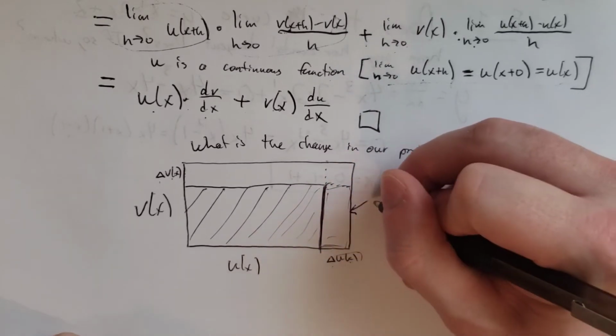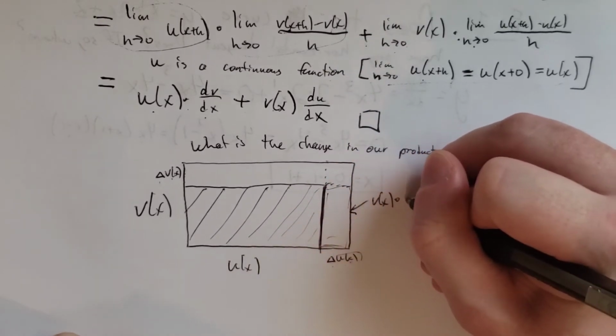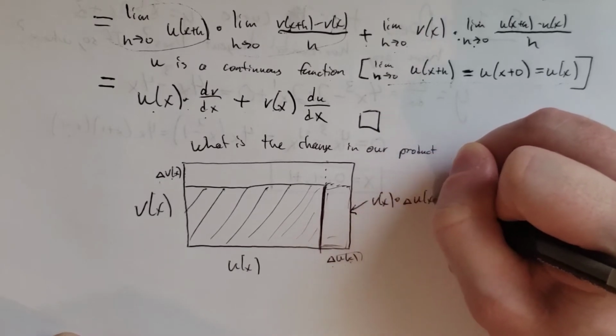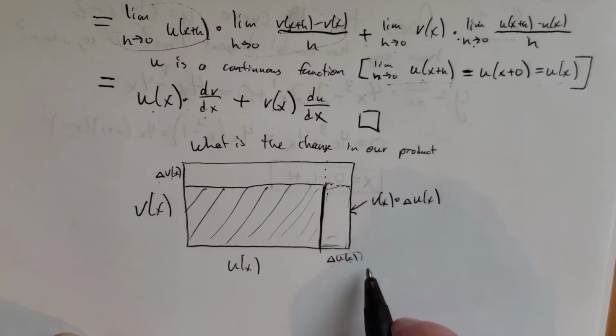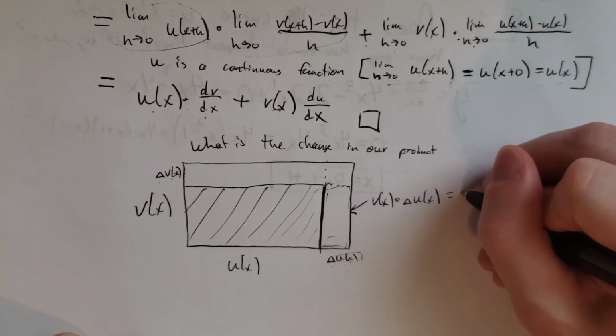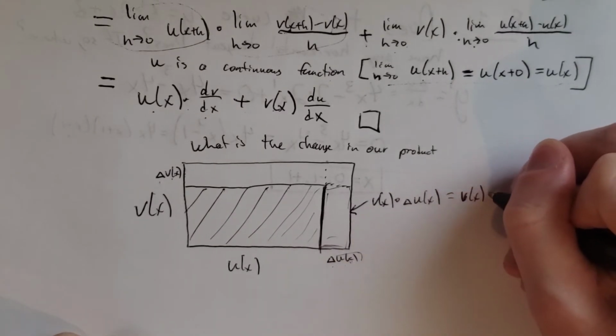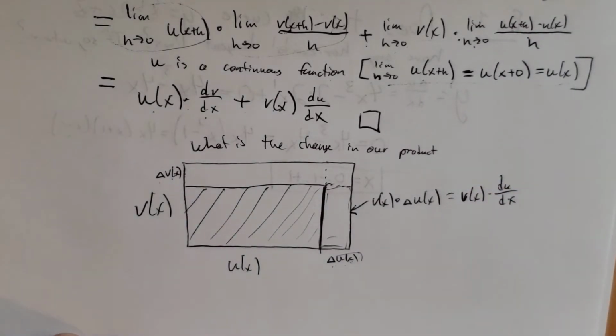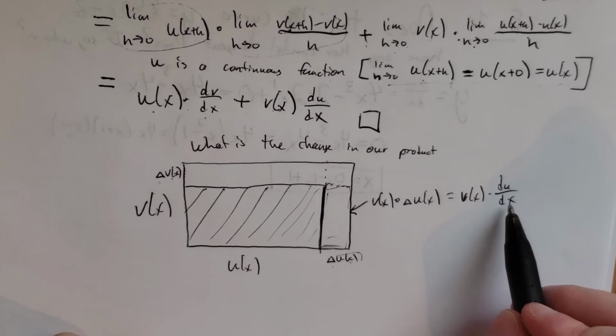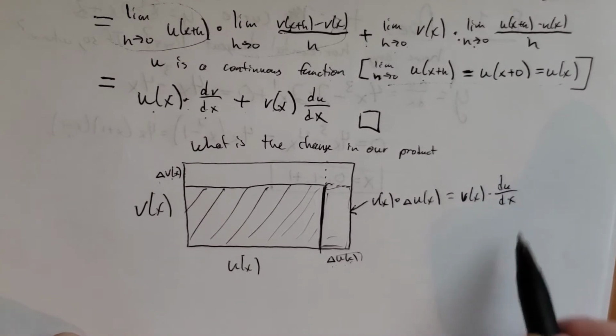Well, the height is v of x times our change in u of x, which, what is the change in u of x here, right? That is essentially our derivative of u with respect to x, right? Because we're asking what the change in u is as we do a small change in the variable x.